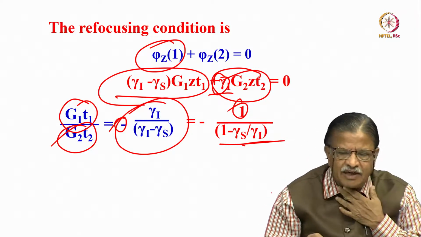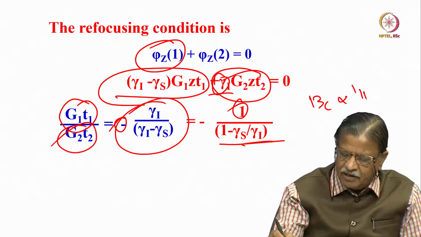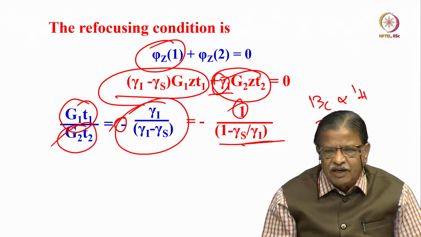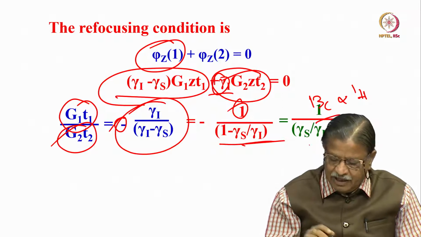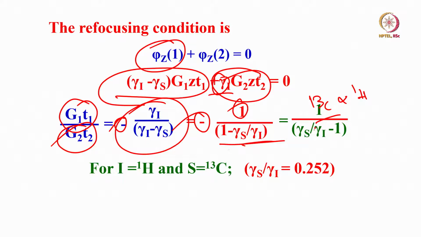What is gamma S and gamma I? Take for example carbon 13 and proton. Carbon 13 gamma is 4 times less than that of proton. Plug that value here. To remove the minus sign, this was put in the reverse order.